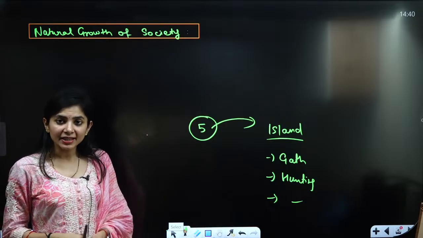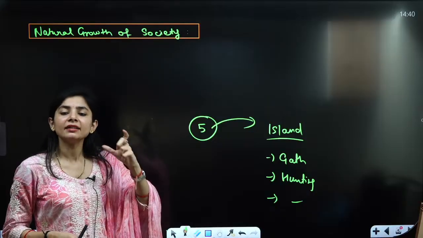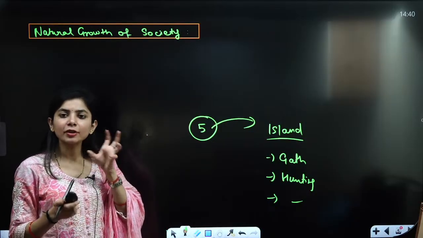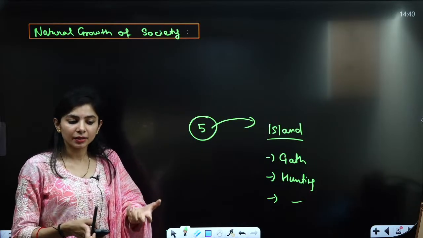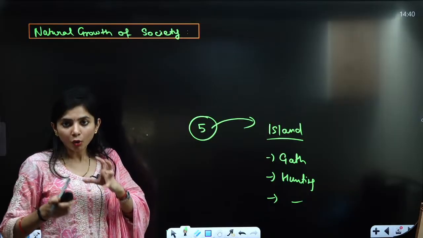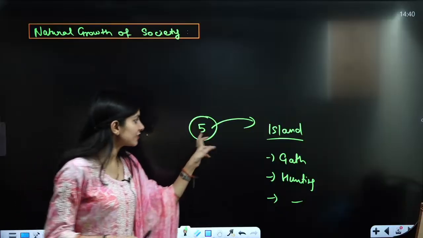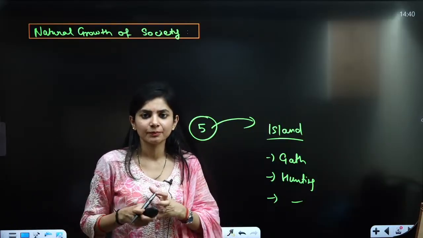As soon as they started encroaching on each other's privacy, the fights got started. As soon as the fights started, they felt the requirement of someone to support them. Therefore, these 5 people started creating groups.